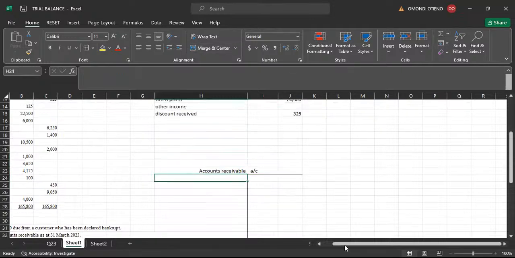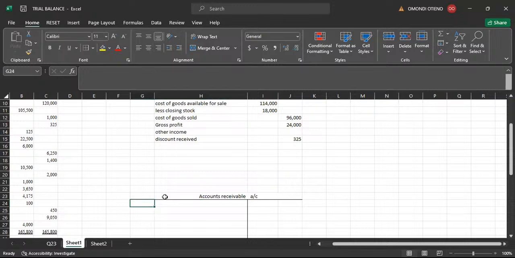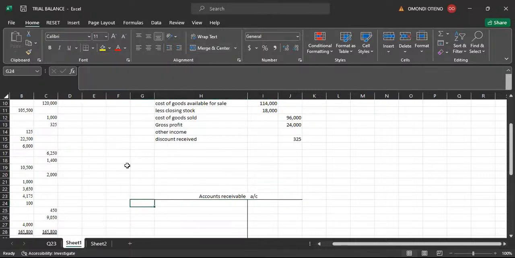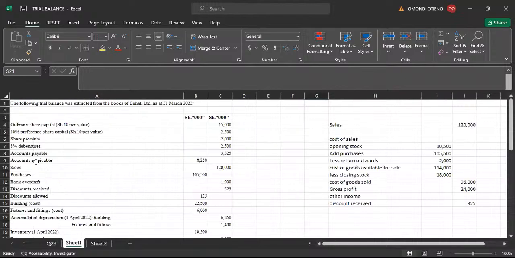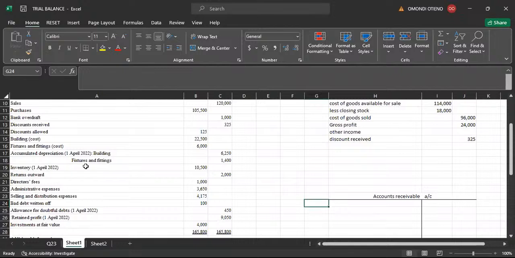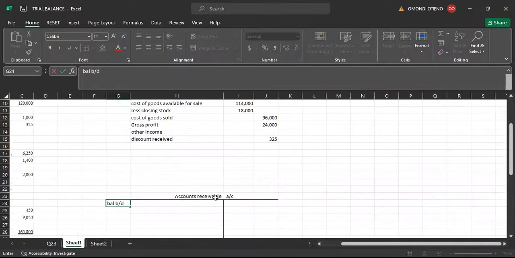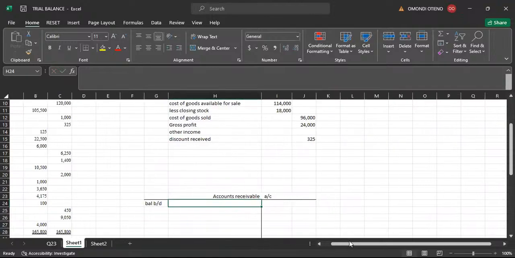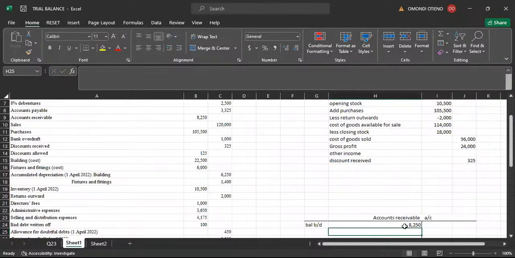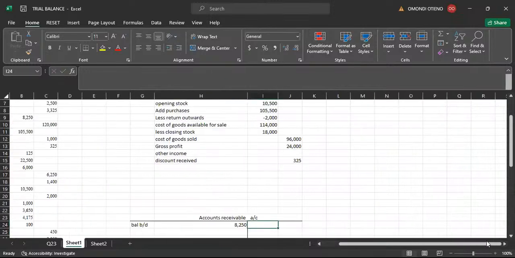So these accounts receivable, that is an asset account. So do you have anything in the name of balance brought down? So just pick this figure that is given to us, which is equal to 8250. So out of this, there's a customer who has been declared bankrupt.